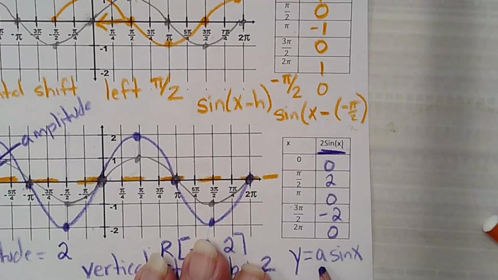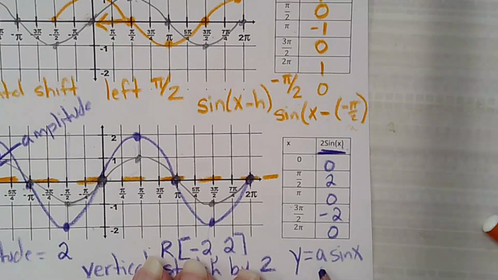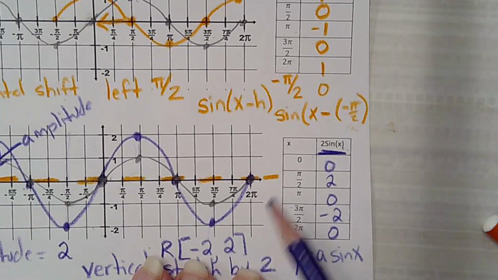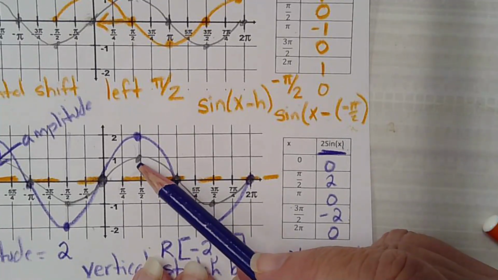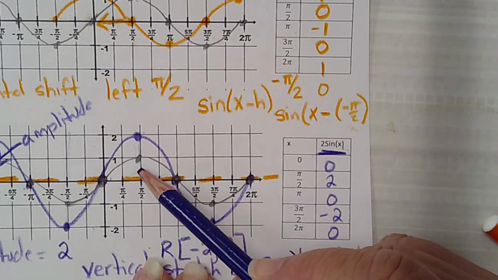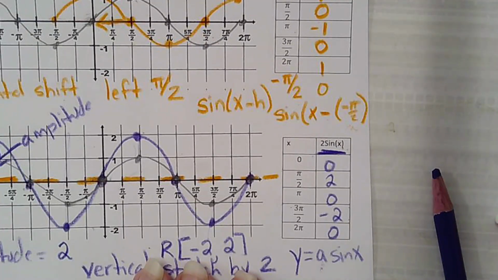If it was a 4, it'd be a stretch by 4. But what happened if that a was a 1/2? A vertical compression, or we sometimes use the word vertical shrink. If it was a 1/2, instead of going up to 2, this point would shrink down to 1/2, right? But it's this multiplier right here that causes vertical stretches and compressions. All right, I'm going to pause here.